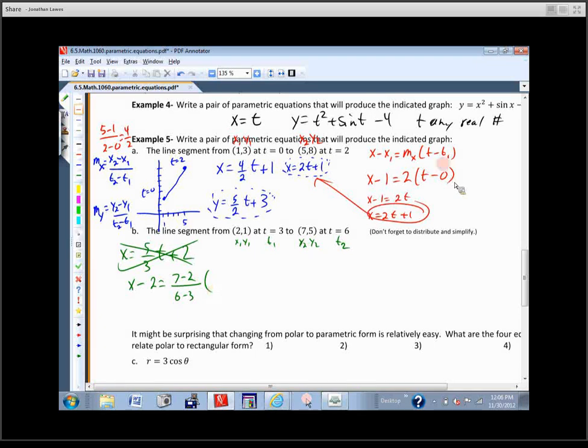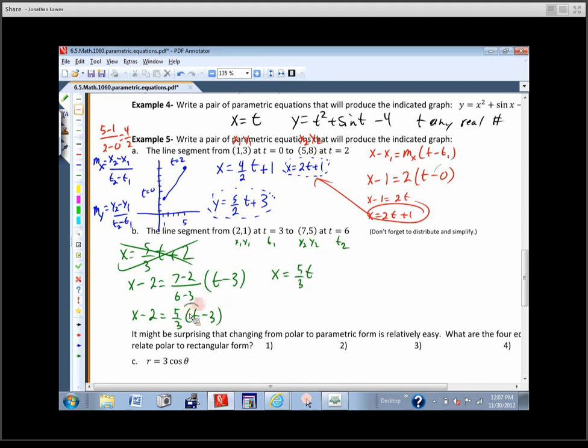Up on this problem, it was a 0 for the first time. So it just turns out to be a 2t. On this one, if I do t minus, what's the starting time here? Starting time here is 3. So here's the correct formula. x minus 2 equals 5 over 3 times t minus 3.